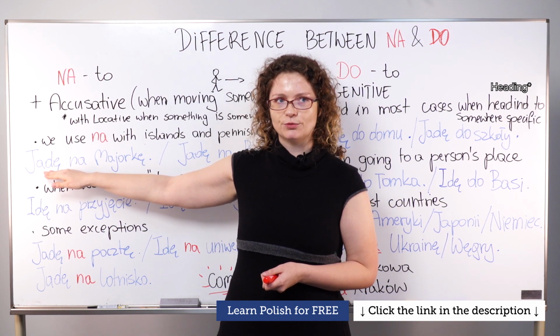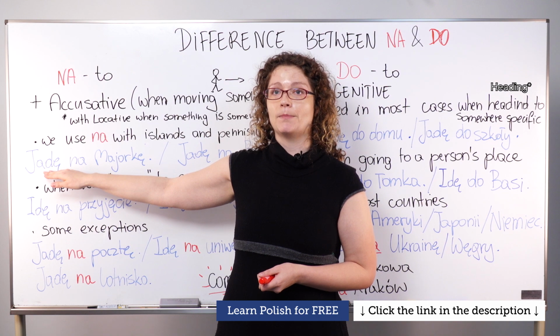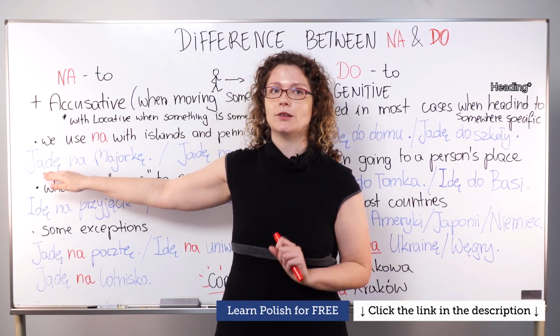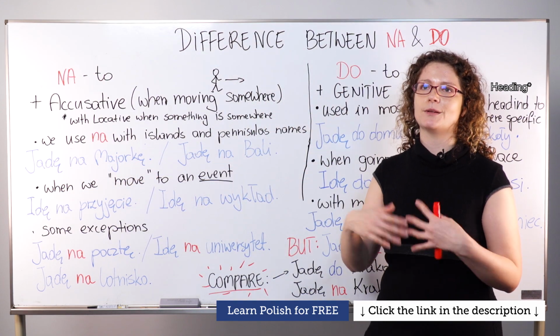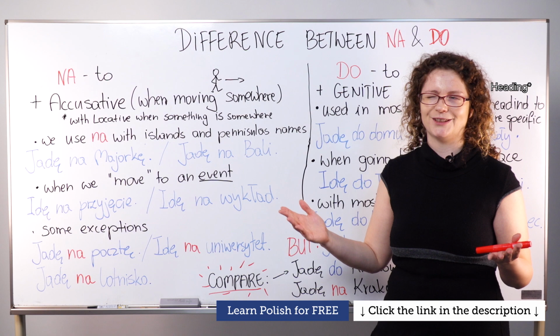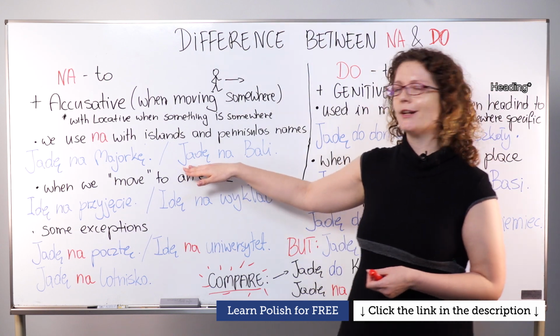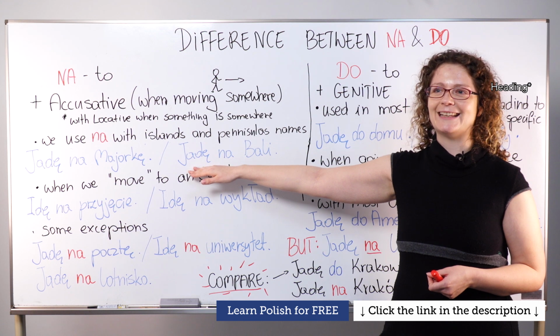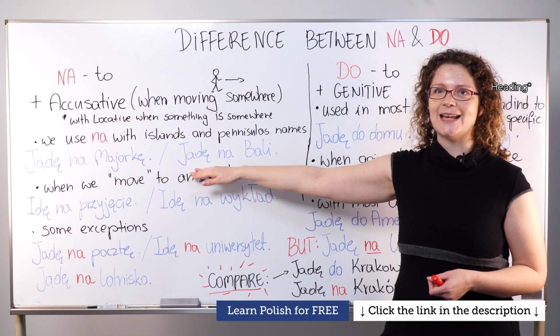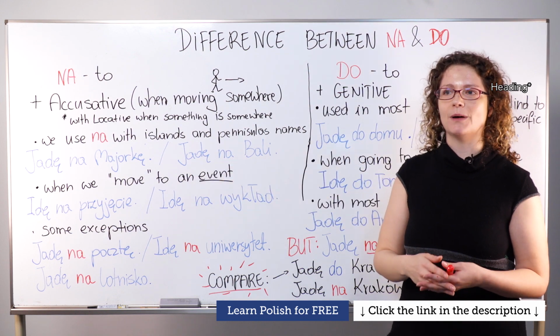And jadę means to go somewhere by bus or by car or to fly somewhere, but not on foot. Obviously, we are not walking there. Here we have another example. Jadę na Bali means I'm going to Bali.